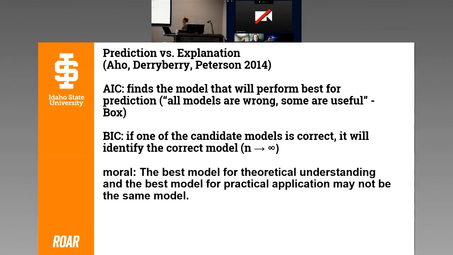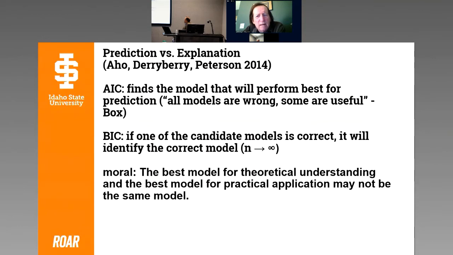But the really important point I want to make is that leave one out cross validation, data splitting, and AIC seem to do similar things. But when we were doing our research, we found something that people don't think about very much that I think could be relevant in health physics: the role of explanation versus prediction, which was first laid out for me by Leo Breiman in one of the papers, The Two Cultures, that I have referenced.